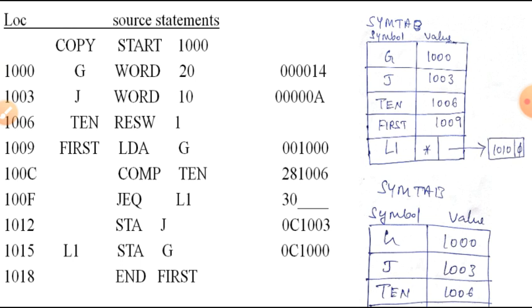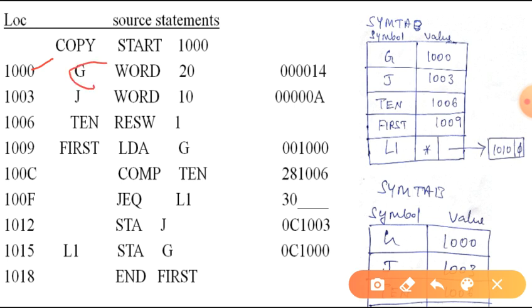You can now see the symbol table. Let me start with the first line, START 1000. So 1000 is assigned here, and we have the symbol G, so it will be entered along with the location counter value 1000. So the value of G is 1000. That is the meaning.